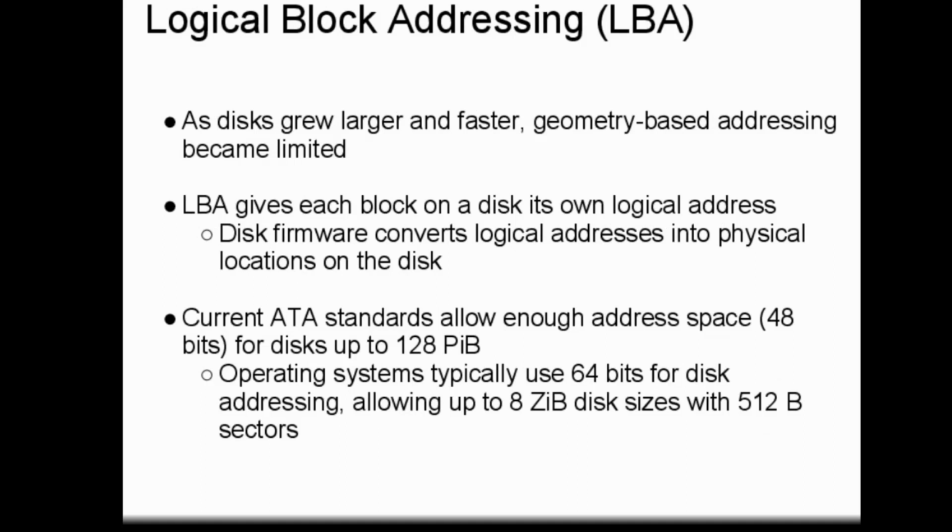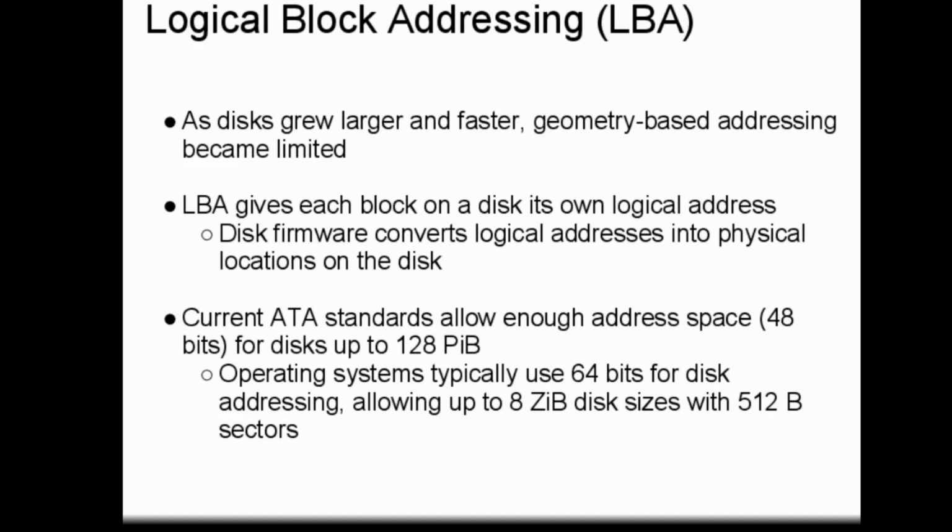As disks grew larger and faster, however, this type of addressing scheme became limited, and so logical block addressing was put into use, and it's now the standard today. Logical block addressing, or LBA, gives each block on a disk its own logical address and leaves it up to the disk firmware to convert the logical addresses into physical locations on the disk.